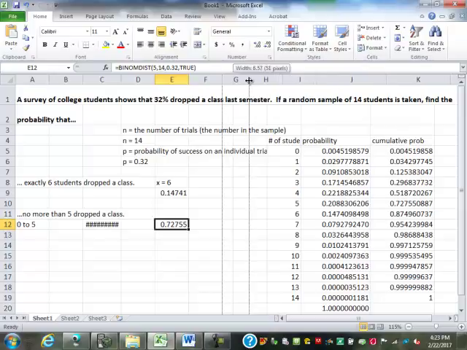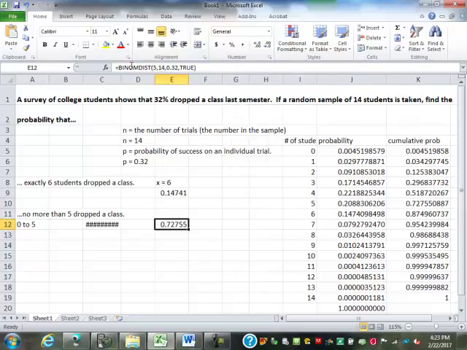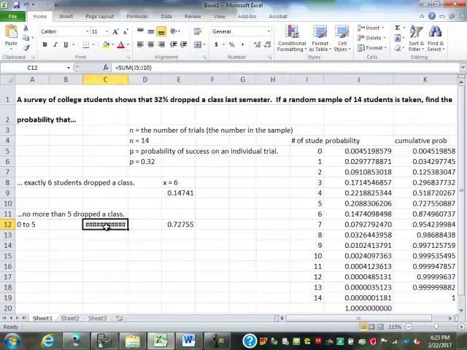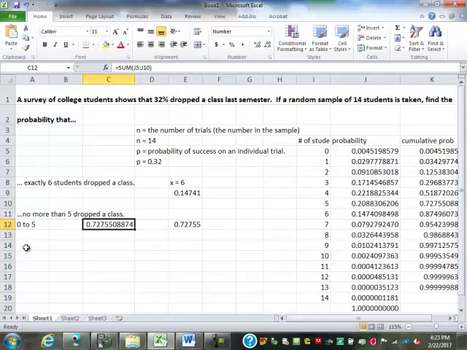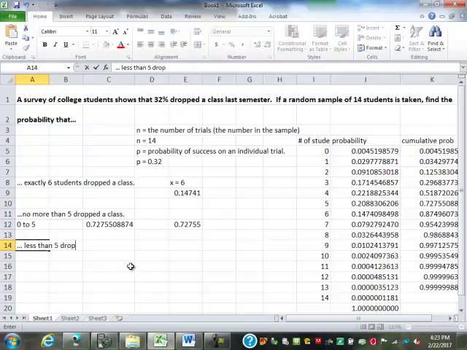Okay, so next step. Less than 5 drop the class. Now less than 5 does not include the 5. So that's 0 to 4.